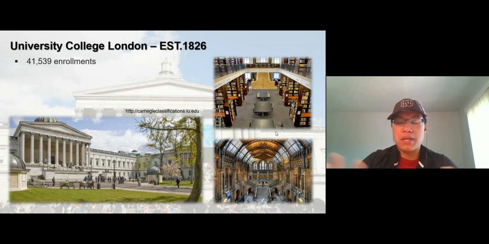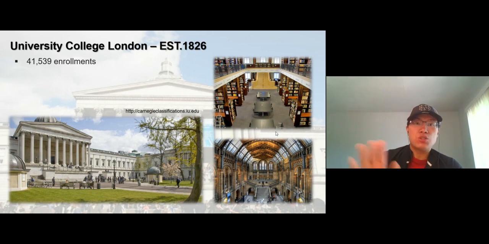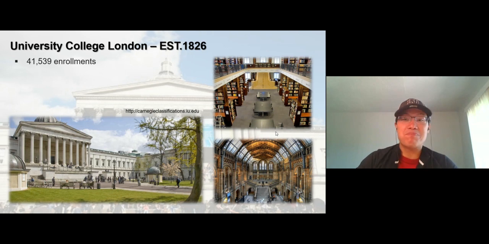It's 1 and 2, depends on the year, right? But think about it: UCL is in the capital of London. They don't have much space, and fitting 40,000 students into a relatively small area in London is tight, really tight, right?